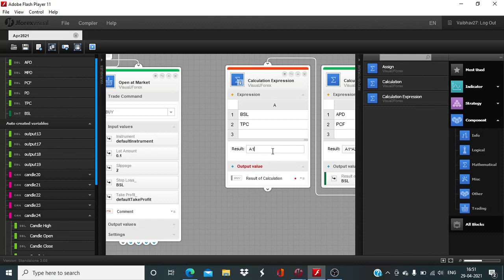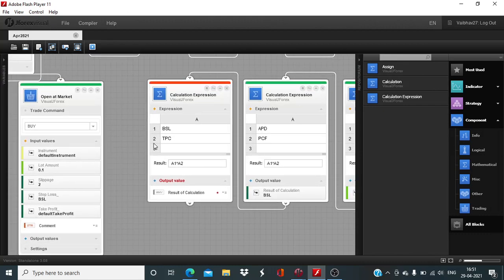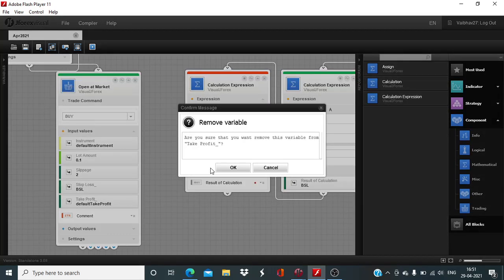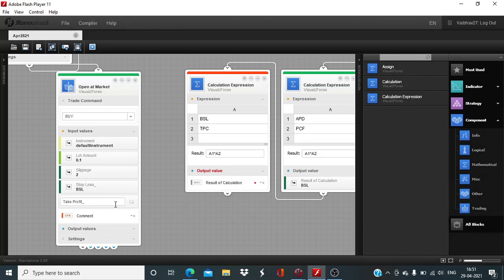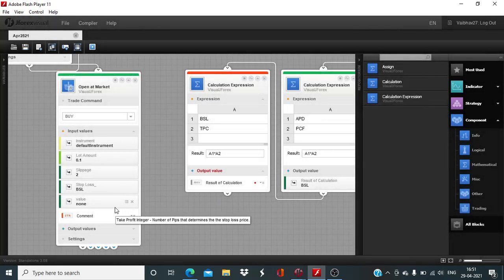Same thing, A1 into A2. And its value will be derived from this calculation.